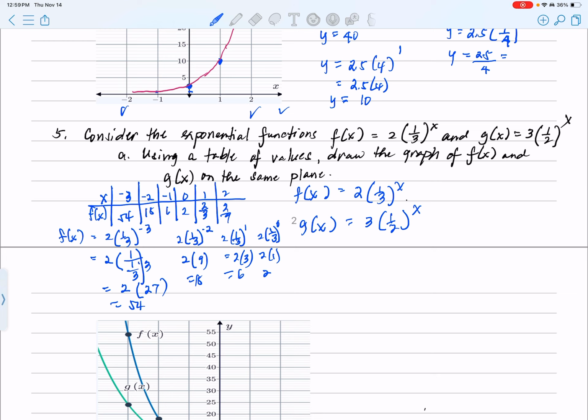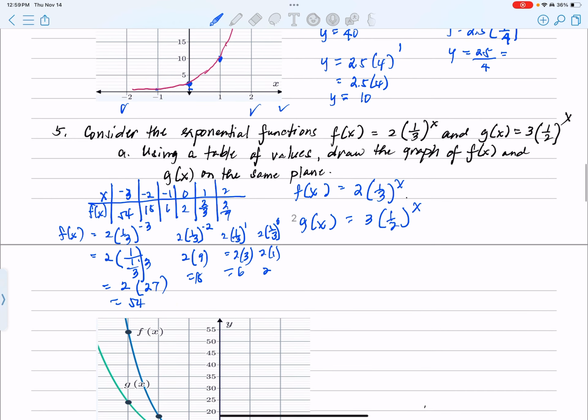So doing the same thing here, x, and this is g of x. When it's negative 3, g of x would be 3 times 1/2 to the power of negative 3.